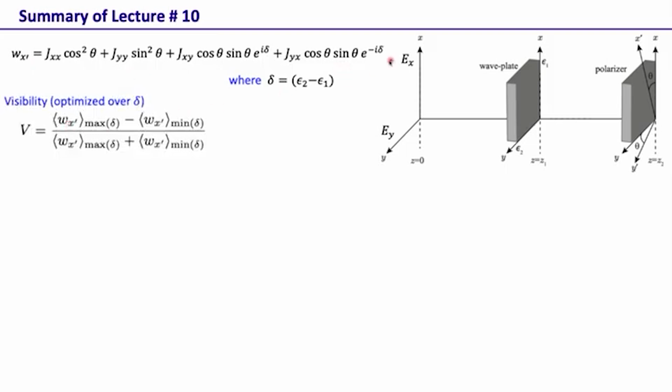If you look at the visibility of this interference pattern as optimized over delta, then this visibility is the max minus min over max plus min, and this is equal to the degree of polarization coherence. We then looked at the visibility optimized over delta and theta.